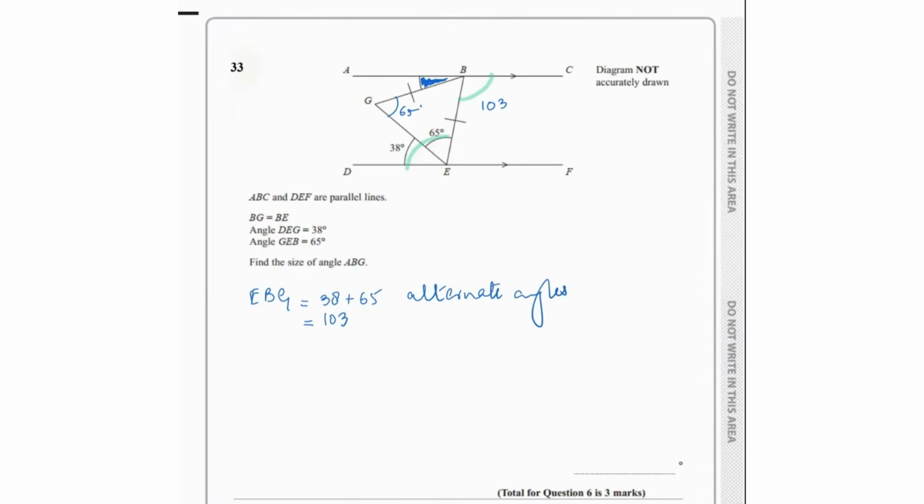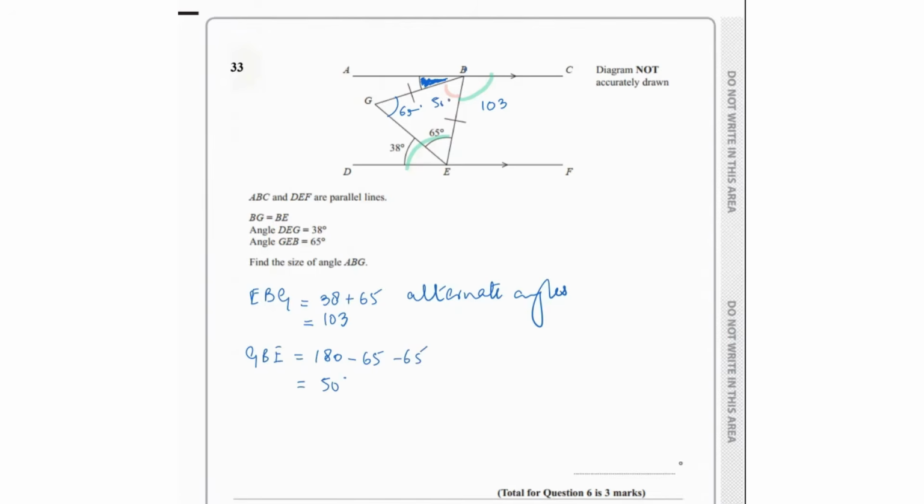Then we can easily find the third angle over here because GBE is an isosceles triangle. So we have two angles. The third angle is going to be 180 minus 65 minus 65. That gives us 50 degrees.